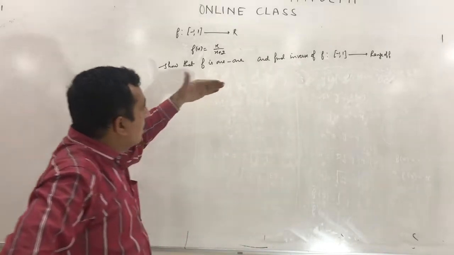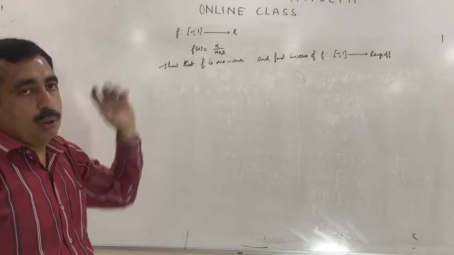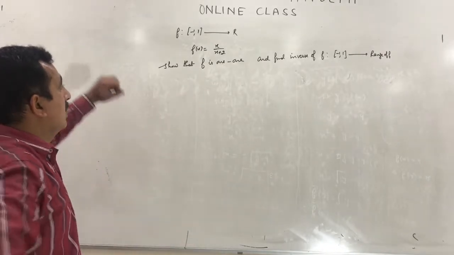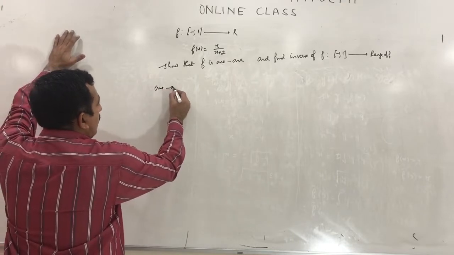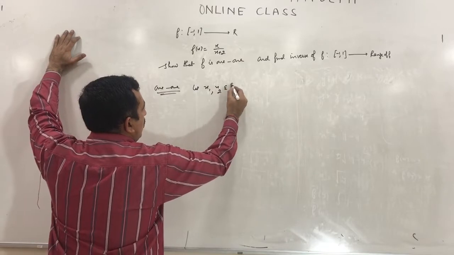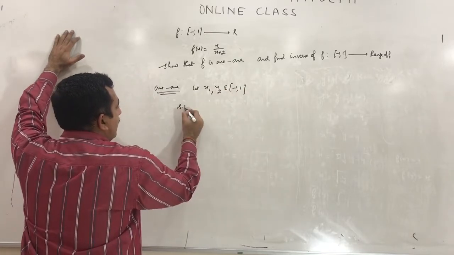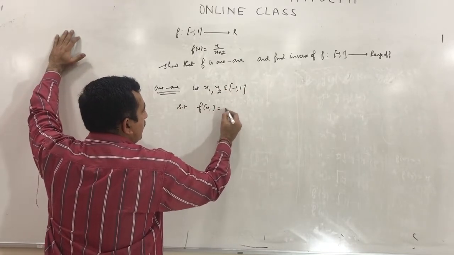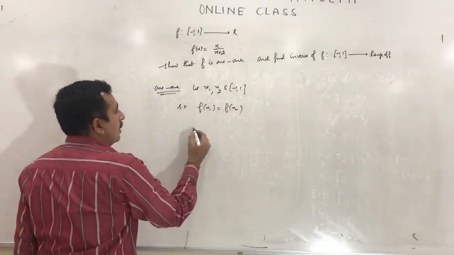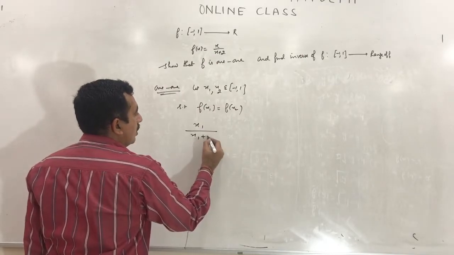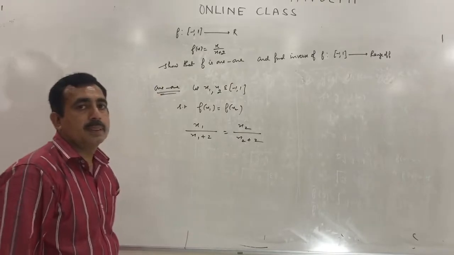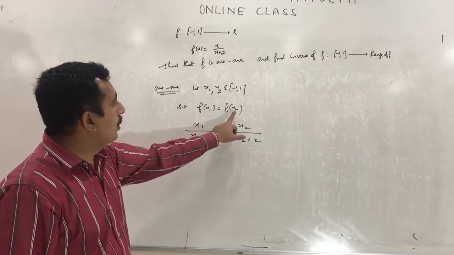In the question, it was not written that you have to check onto or not onto. Why is it so? Firstly, we start with one-one. For one-one, let x1, x2 belong to the domain such that f(x1) equal to f(x2).